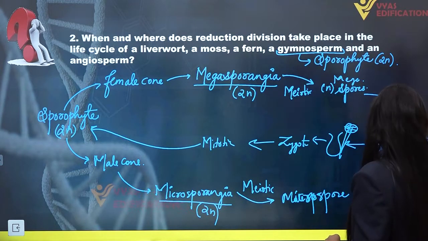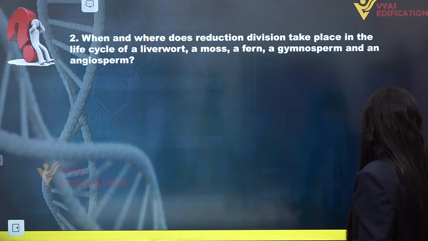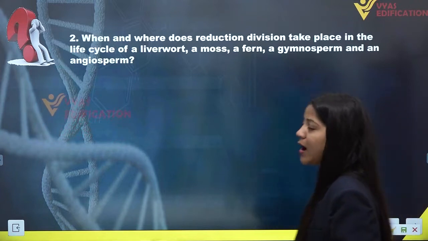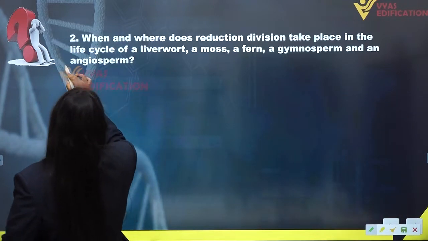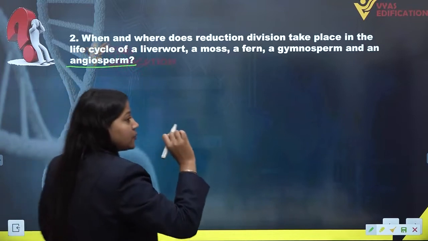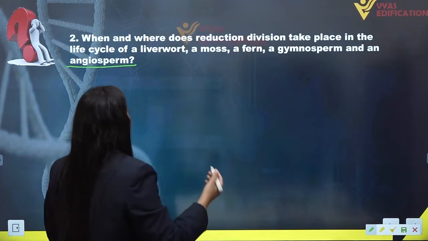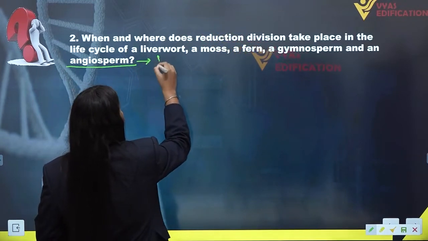Now we are left with the last one, that is angiosperm. Let's talk about the life cycle of angiosperms. Angiosperms are the most advanced plants, and the main or dominant plant body of angiosperms is always the sporophyte.